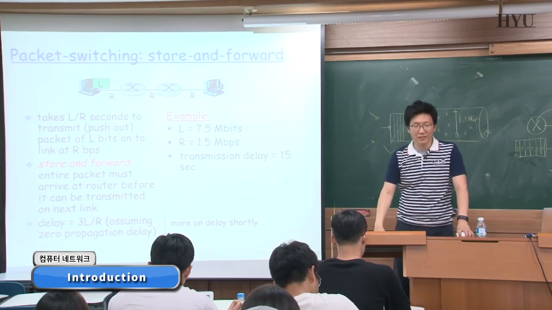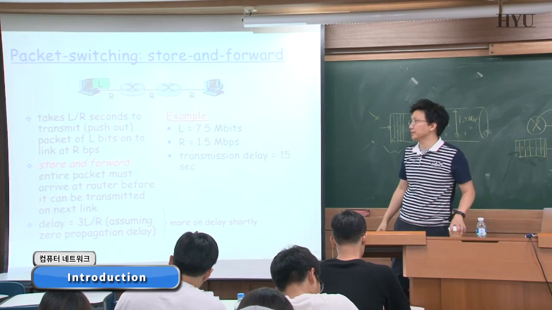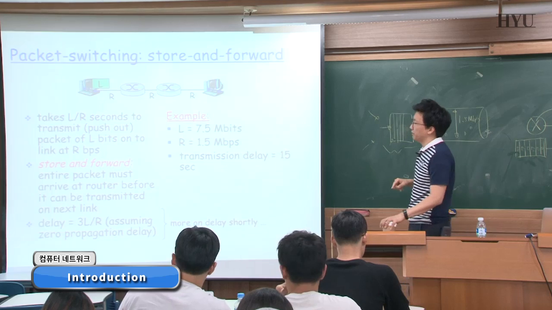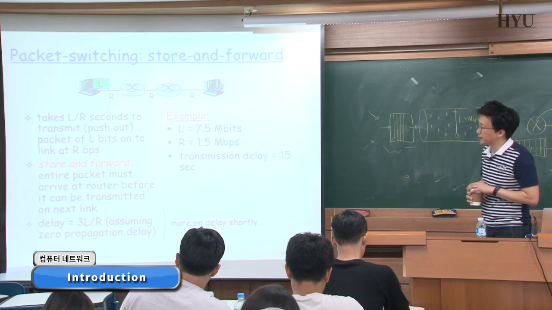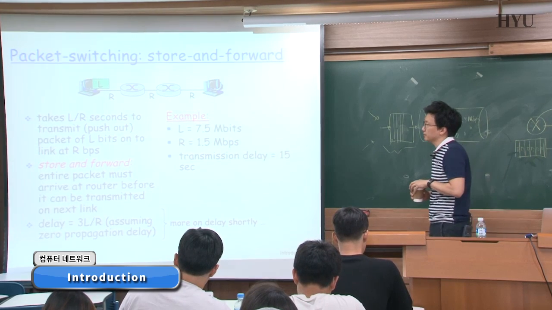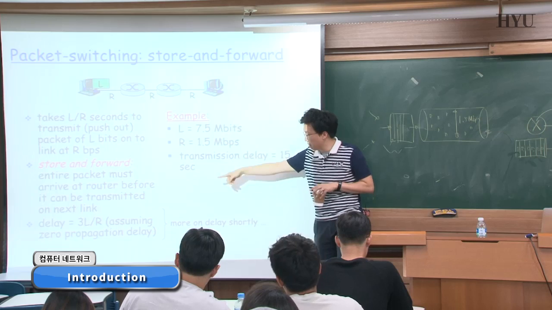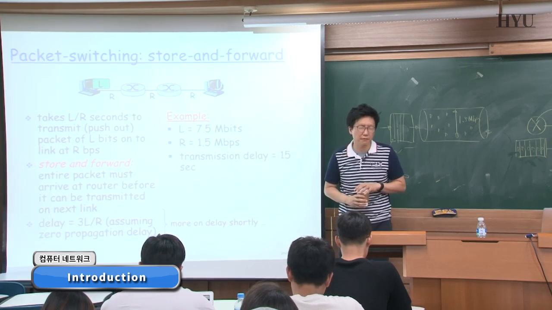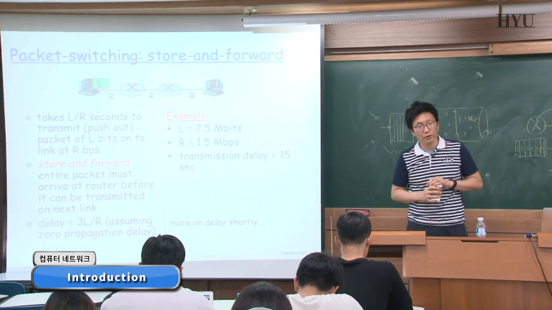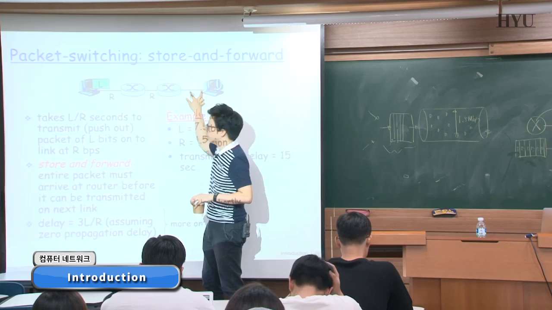Assuming there are no other delays like propagation delays, which we'll be discussing for physical reasons and so on. So the entire packet must arrive at the router before it can be transmitted onto the next link. So one by one, at a time. L divided by R, 1, 2, 3.